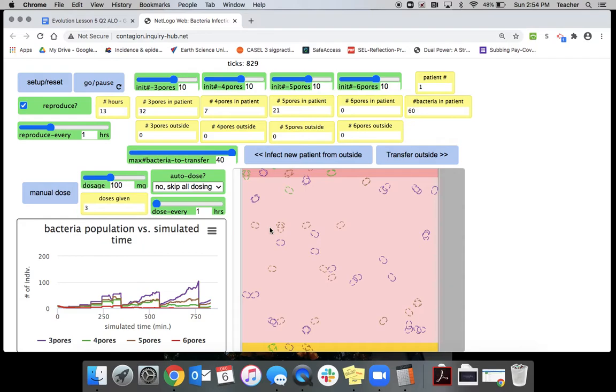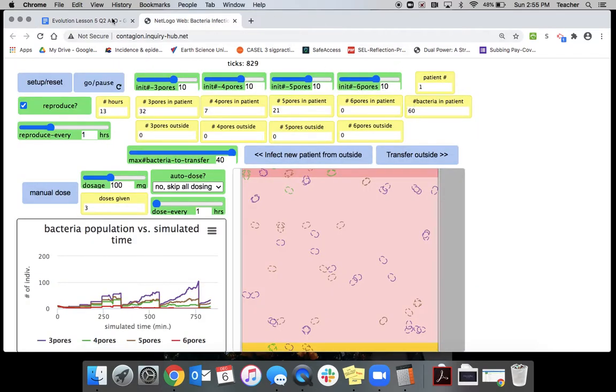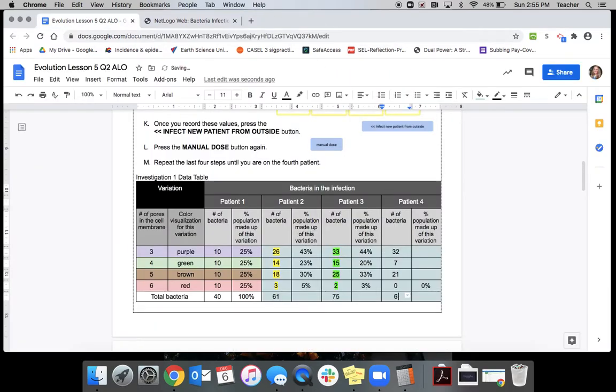All right. So we got 32, 7, 21, and 0. Right off the bat, we know that is 0%. That gave us a total of 60 bacteria this time when I paused it.